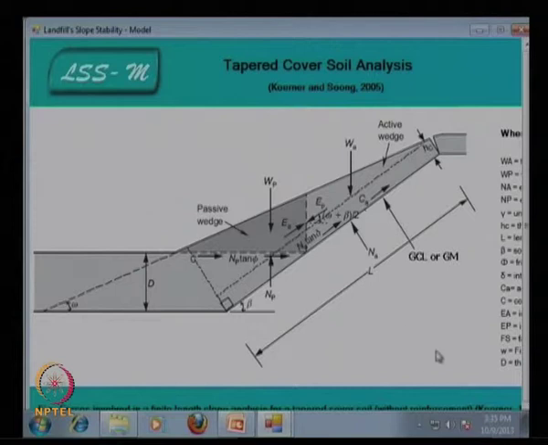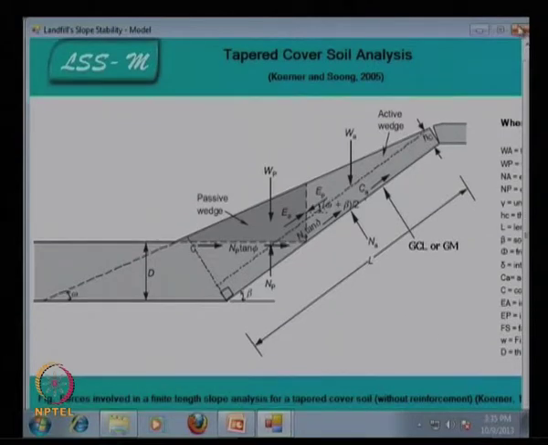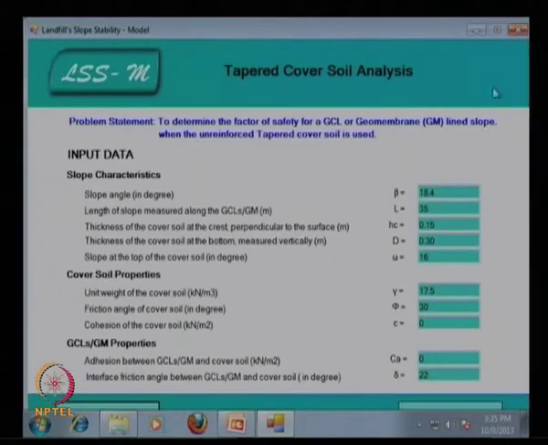Then you substitute the value of the slope angle, the length, and the thickness of the cover soil, and the thickness of the cover soil at the bottom measured vertically, that is capital D equal to 0.30 meter.